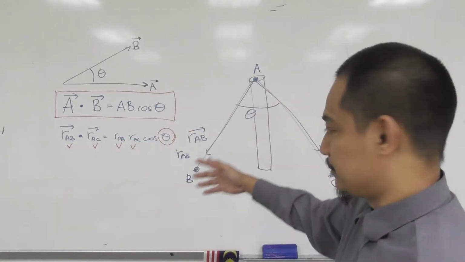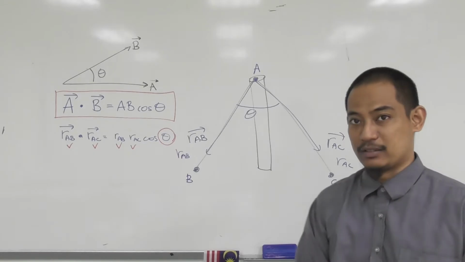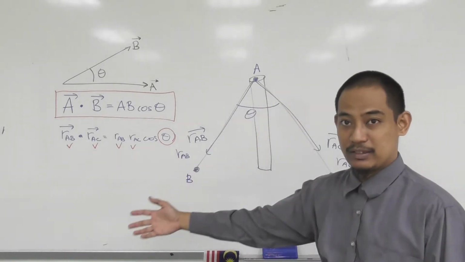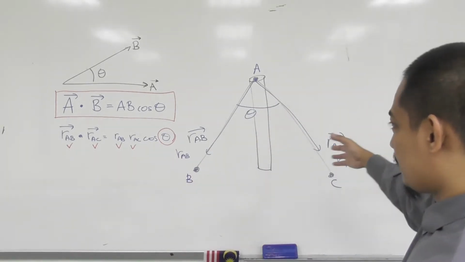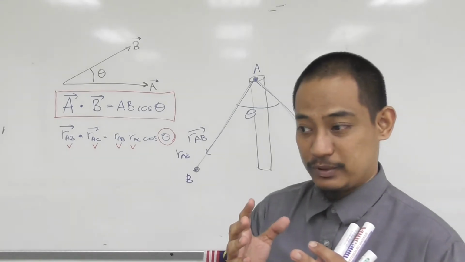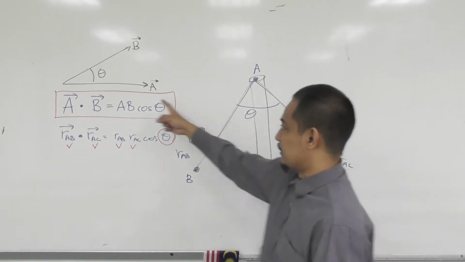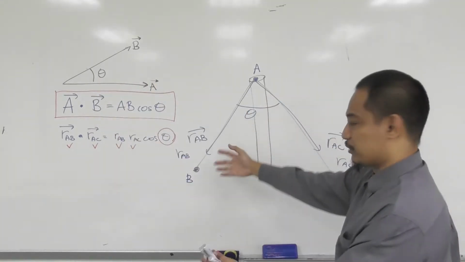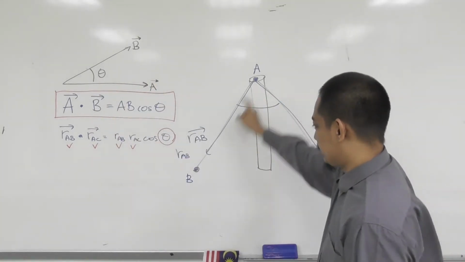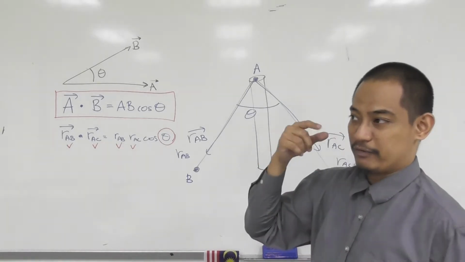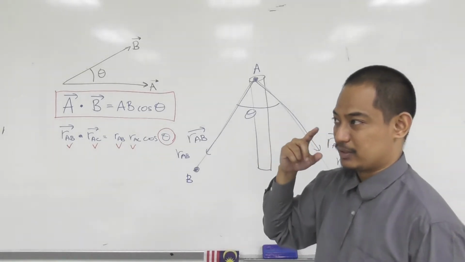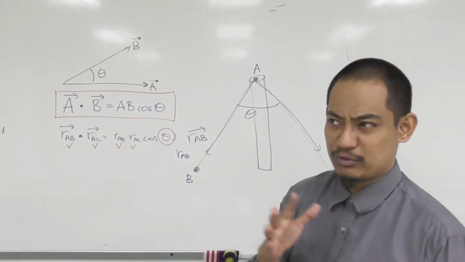In the exam, there will be something like this. Sometimes they ask, what is the angle between something? And of course, this is where you have to be able to decipher a question, because in the question, you will not see any diagram like this. There's no arrow, there's nothing. There's just a pole and two cables. So you have to be able to determine, okay, from what I've learned, how to determine theta.